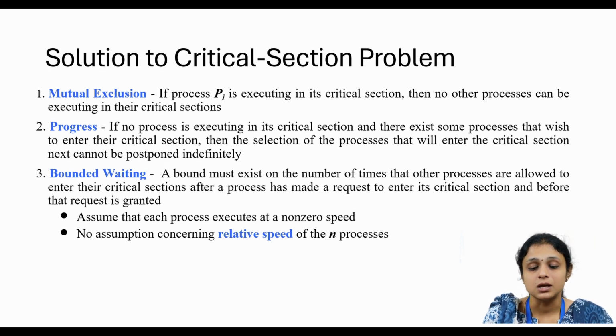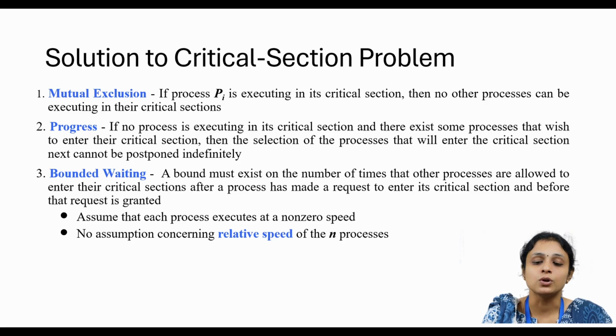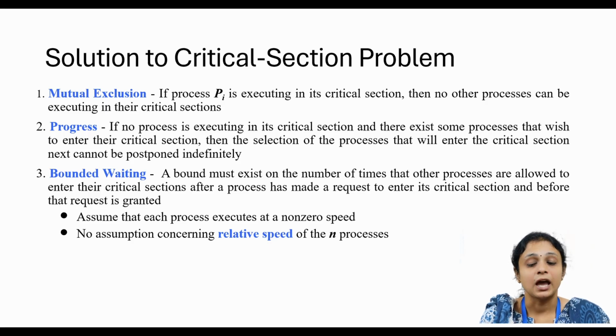If a process is not executing in the critical section, that is, the critical section is empty or free, then some other processes might want to access it. Again, n number of processes will be wanting to access the critical section. Which process should access it is decided by the operating system, and this decision cannot be postponed indefinitely.